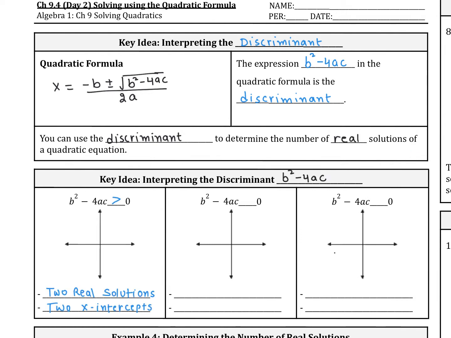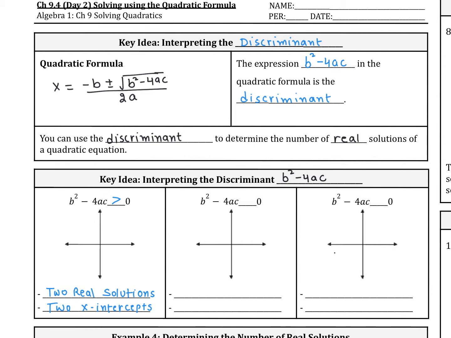Now we are going to look at the graphs when the discriminant is greater than 0, less than 0, or equal to 0. If the discriminant, b squared minus 4ac, is greater than 0, if the value comes out more than 0, then you're going to have two real solutions.